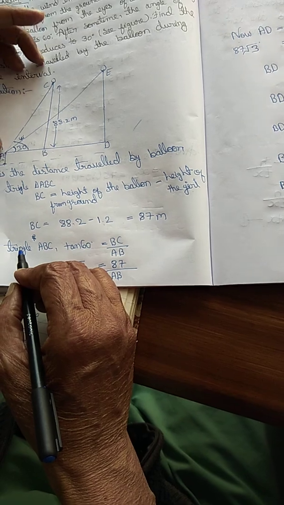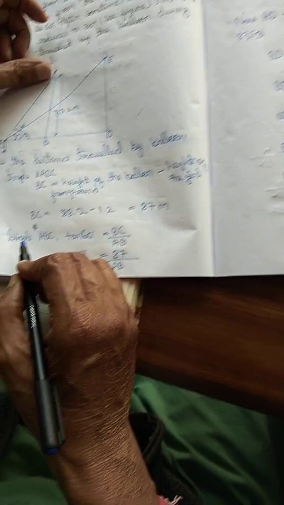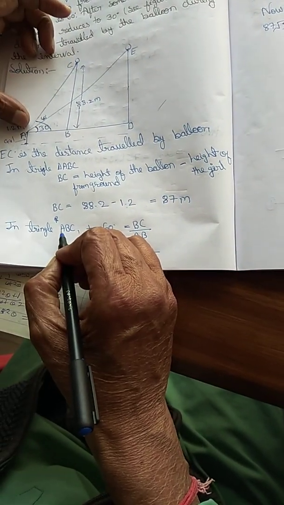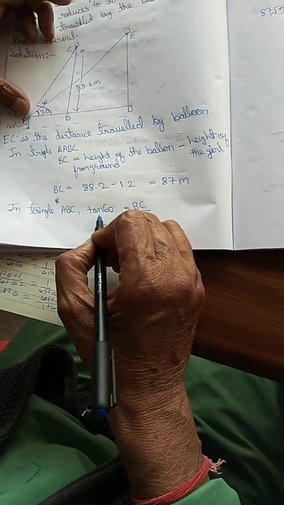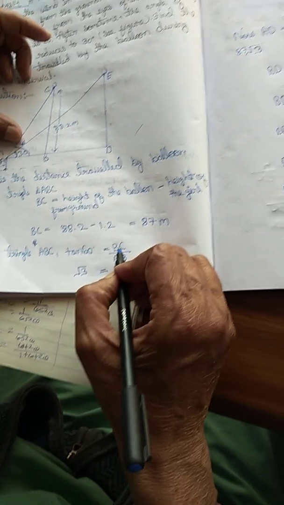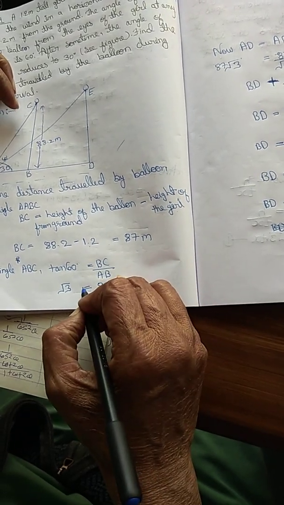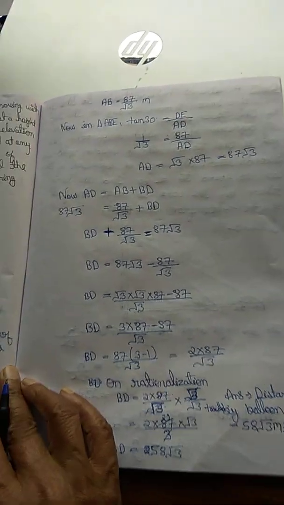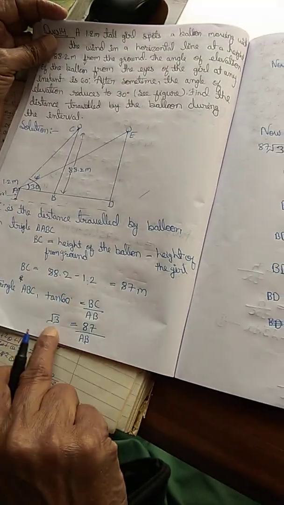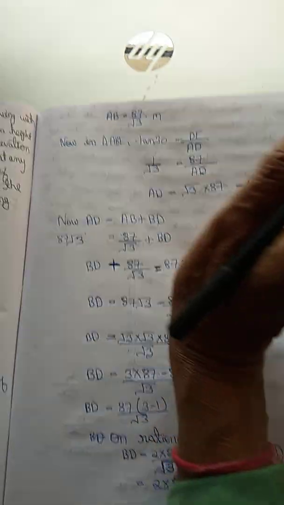Now in triangle ABC, tan 60 is equal to BC upon AB. Tan 60 is root 3. So AB is equal to 87 upon root 3.